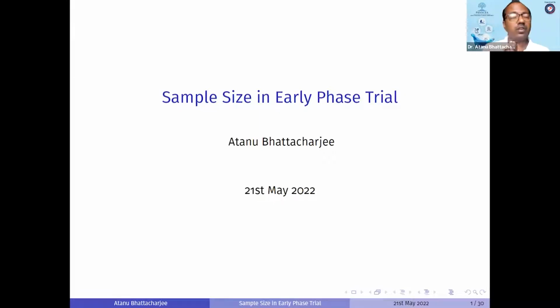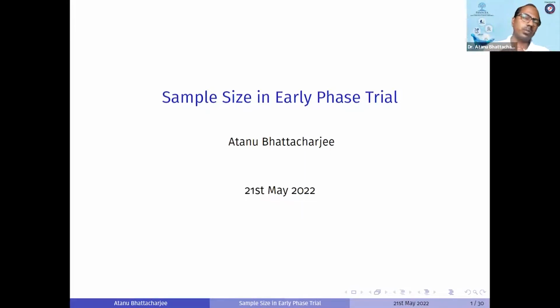Second, if you make larger the anticipated or expected difference between these two treatments, then your sample size is going to go down. If you have a narrow difference, then your sample size is going to go up. These are the fundamental principles, irrespective of the study design.